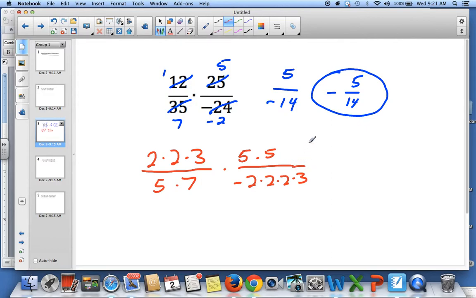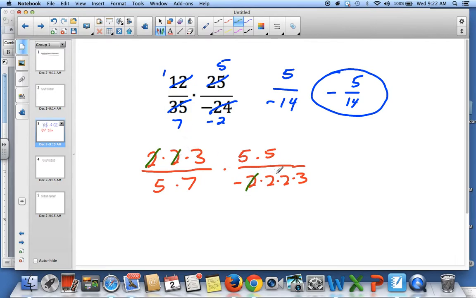And now to simplify, if I have the same number on top and bottom of a fraction, they can cancel, but only when it's all multiplied together, and these are all multiplied together, because the negative is basically negative 1 here. So now I'm going to cancel the things that are the same on top and bottom. So a 2 and a 2.